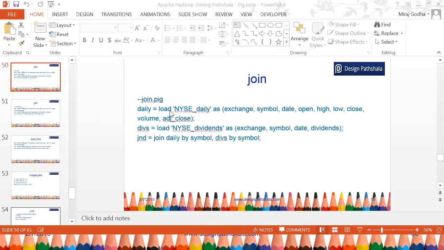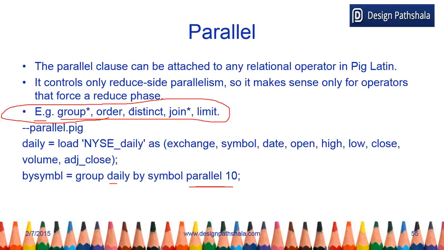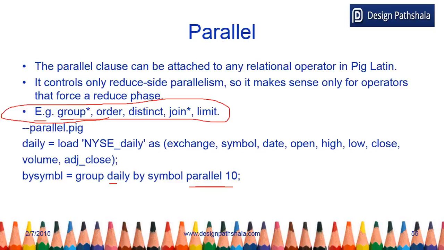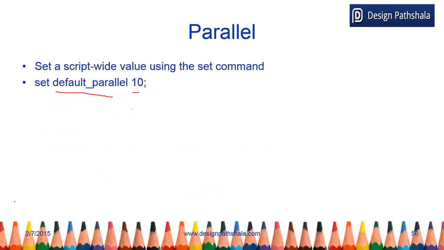So what I was saying before we got back: PARALLEL is a command used to parallelize your operation. If you want to set the default parallel operations, you can just say set default_parallel to 10. That will ensure all your operations are done with 10 reducers. Here I did a statement-wide operation, but here I did a file-wide operation, so I can define it for the whole file also.